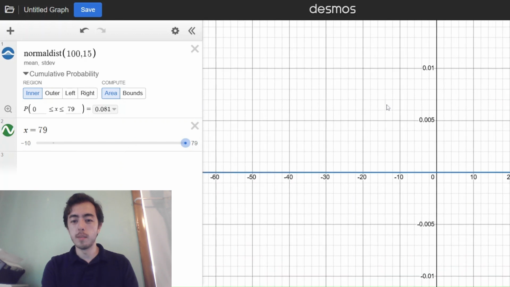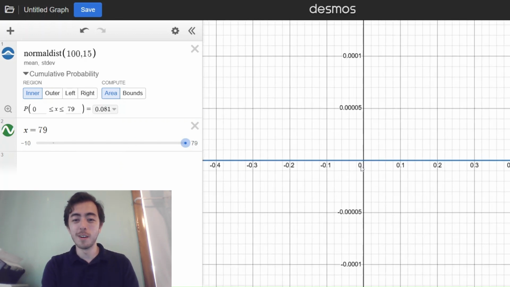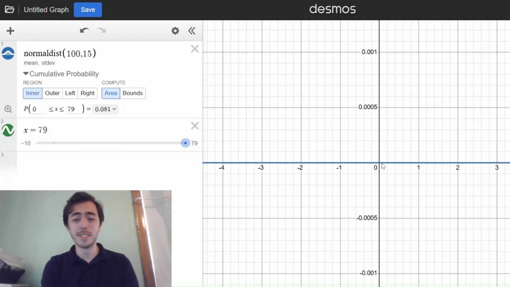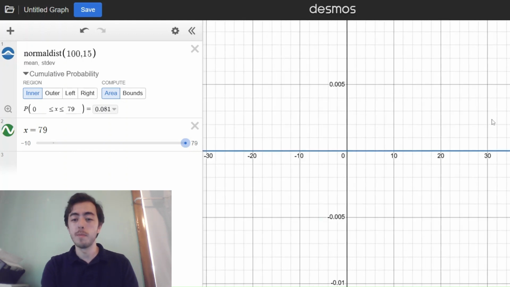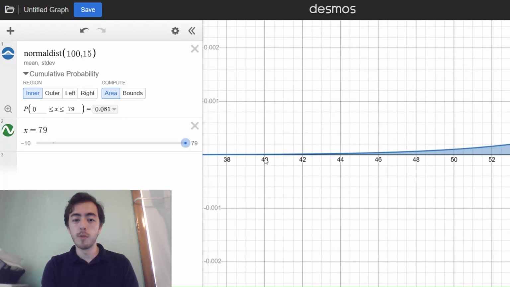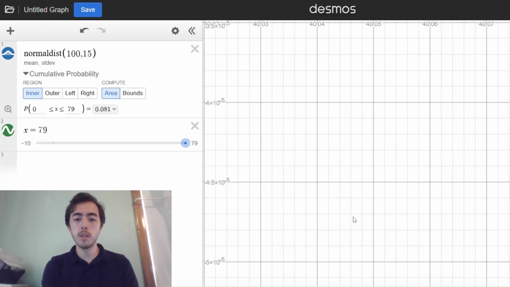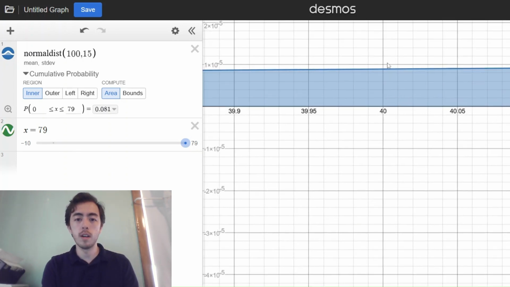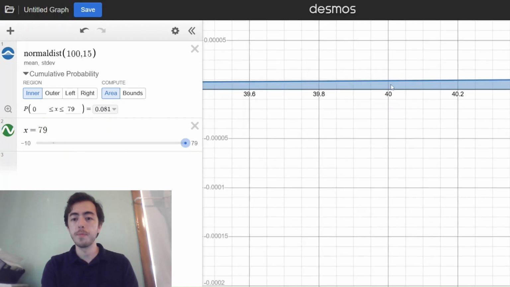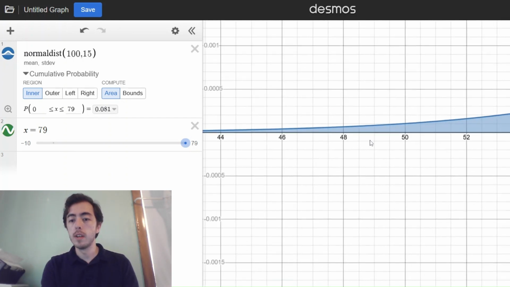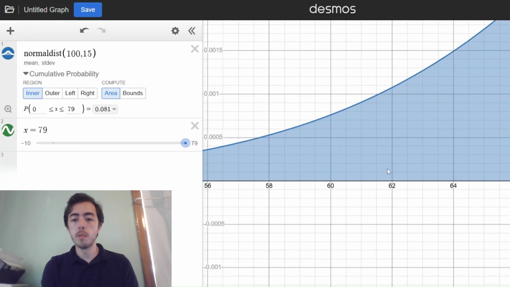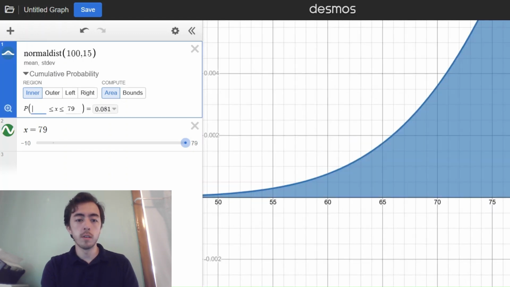That's just because the probability of scoring a 0 on a test like this is almost impossible, right? Scoring even a 40 looks pretty impossible, though maybe it is possible if you happen to not answer many of the questions right. Anyways, just to be the most accurate, if I delete this 0, it'll autofill in that negative infinity again.